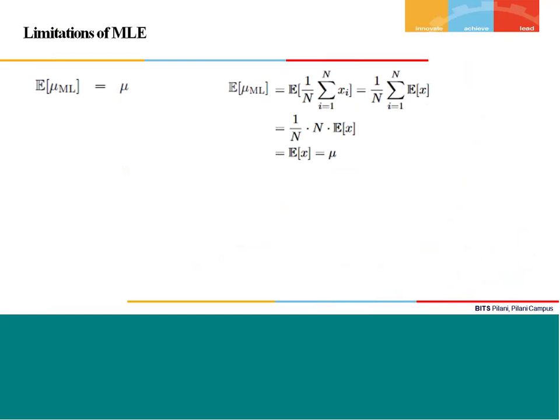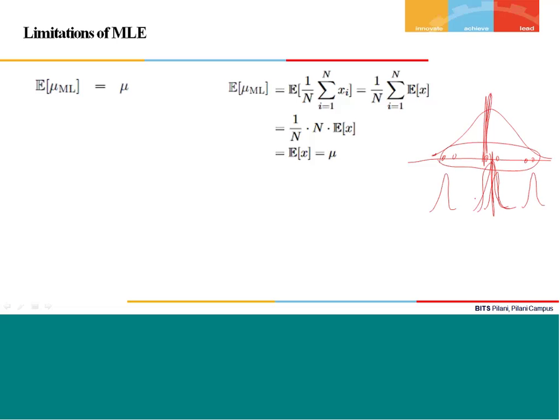For example, this is the true Gaussian distribution, and let's say I draw 2 points here, 2 points here, and 2 points here. Using these 2 points, this is the Gaussian distribution I formed, and likewise for the others. But when I take the expected value of all these three, the mu will be the same as the mu present in the original data.